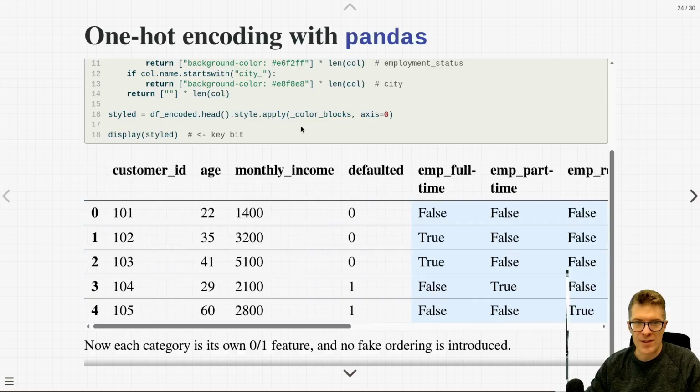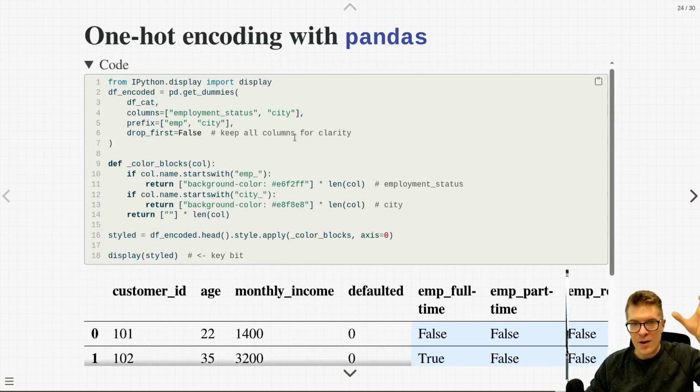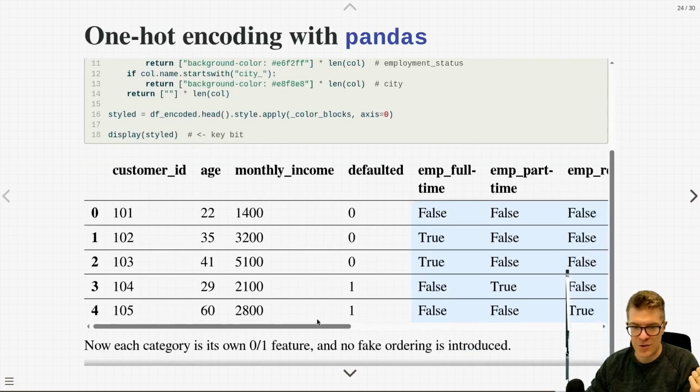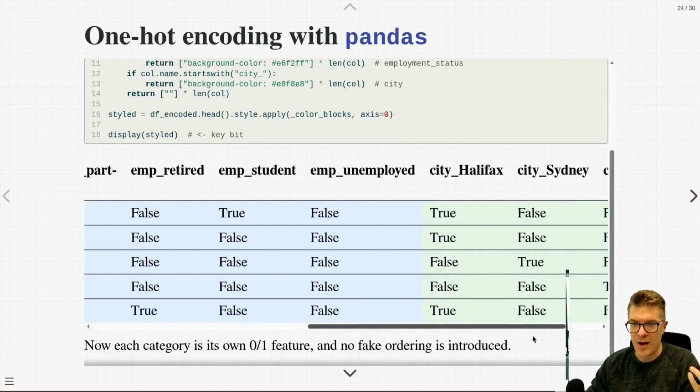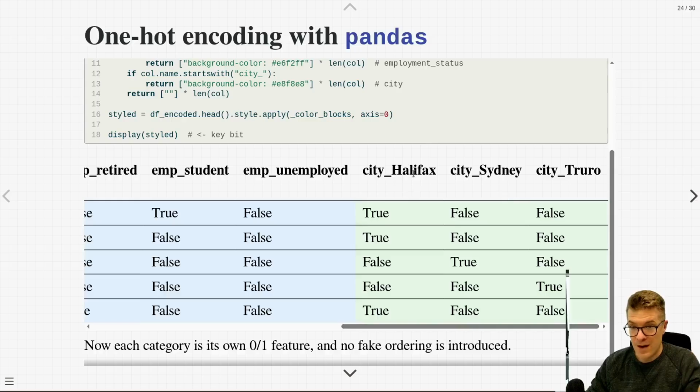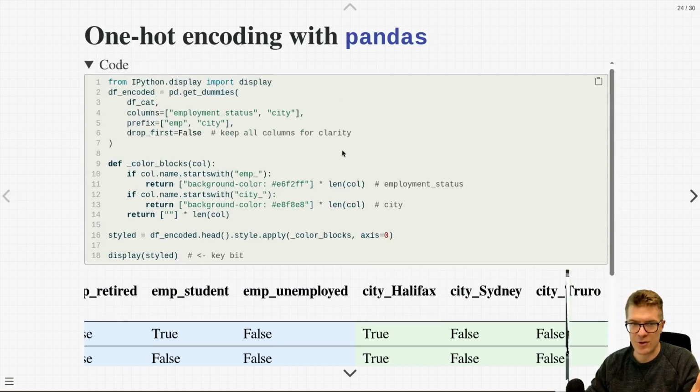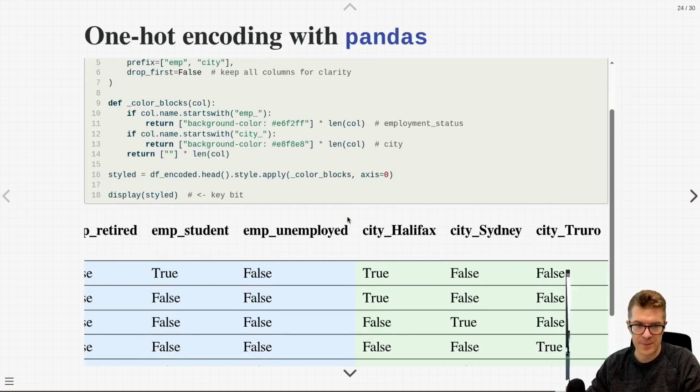So whereas previously the column city had values Halifax, Truro, and Sydney, now I have new variables, city underscore Halifax, city underscore Sydney, and city underscore Truro. Those prefixes, city underscore, I get from line 5, and it's applied by this getDummies function to all of the possible values in city.